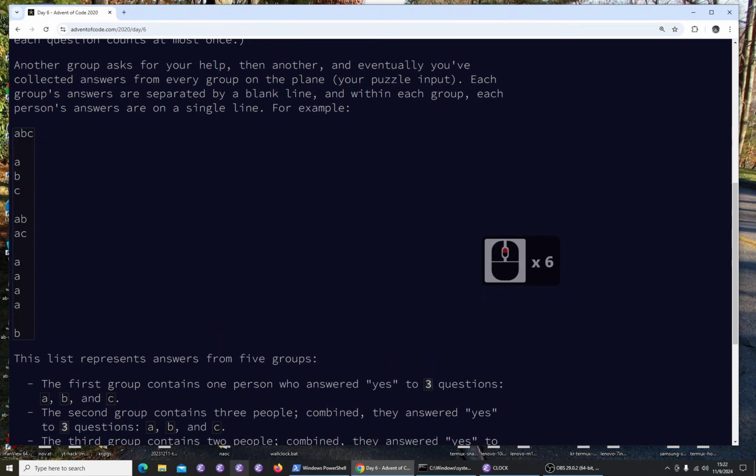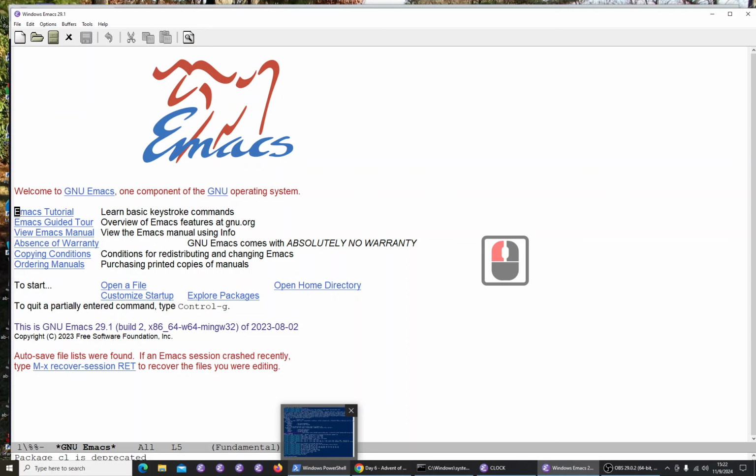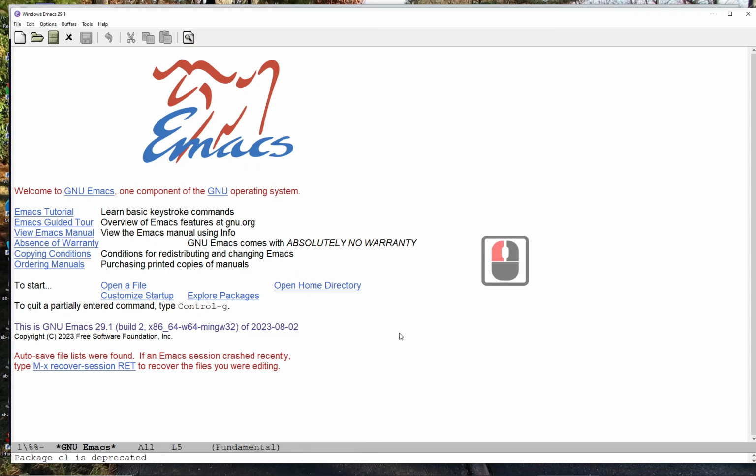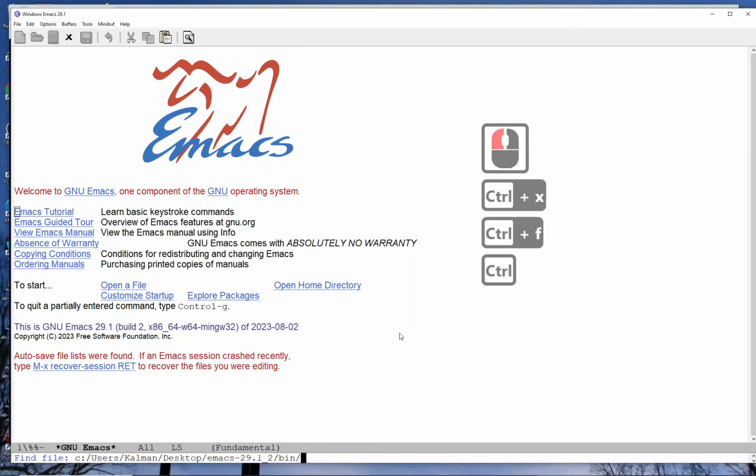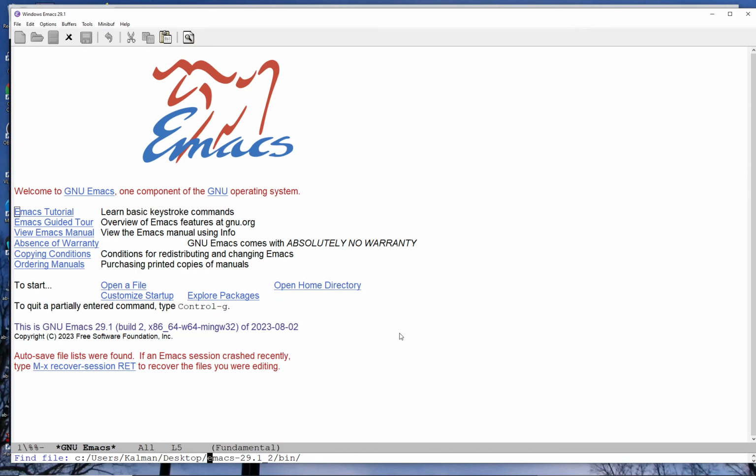Well, first let's start up an Emacs. Should I use the newer or the older Emacs? Let's try the newer one again in case we notice any other things that are weird. So I'm going to create a buffer. One of the things that I use a lot is numeric counts in front of commands.